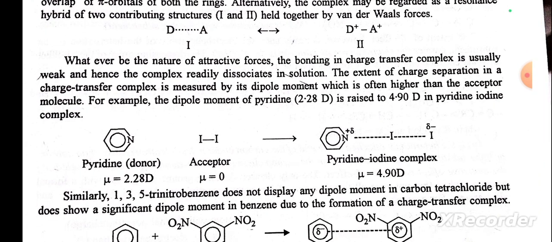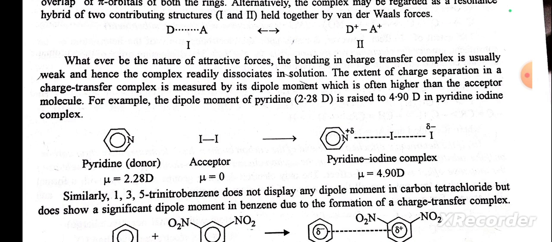Whatever may be the nature of the force, the bonding in a charge transfer complex is usually weak, and hence the complex readily dissociates in solution. The extent of charge separation in the charge transfer complex is measured by the dipole moment, which is often higher than that of the acceptor molecule.